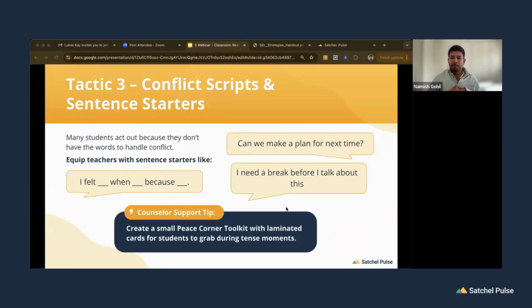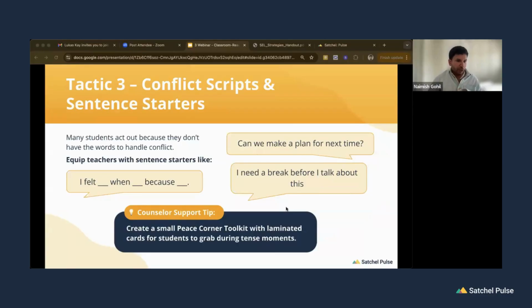Tactic three, I call this conflict scripts and sentence starters. Many students act out because they don't have the words to handle conflict. They find it difficult to express themselves or they just don't have the vocabulary.